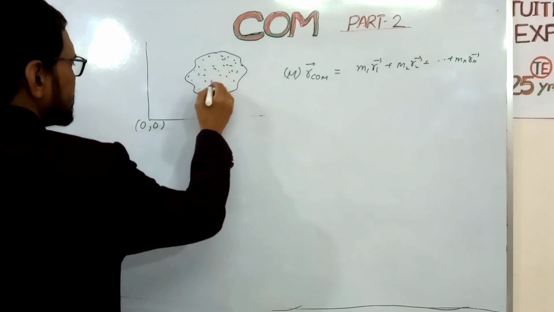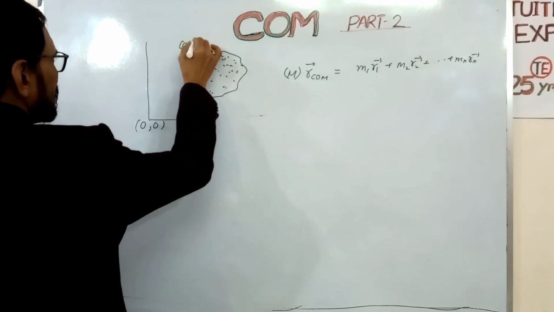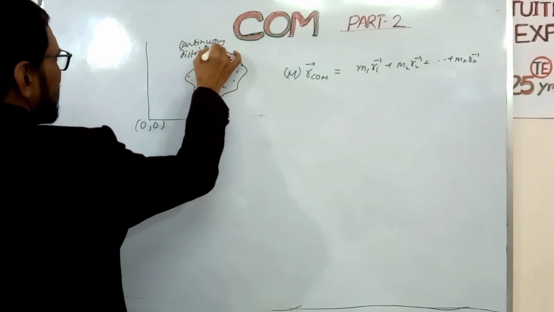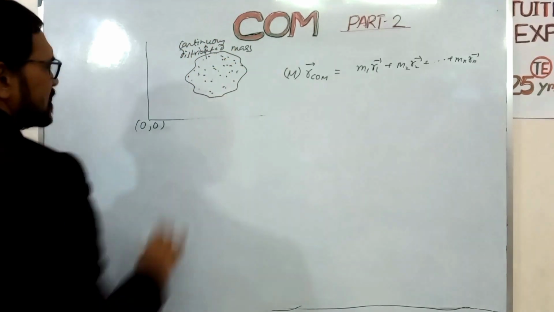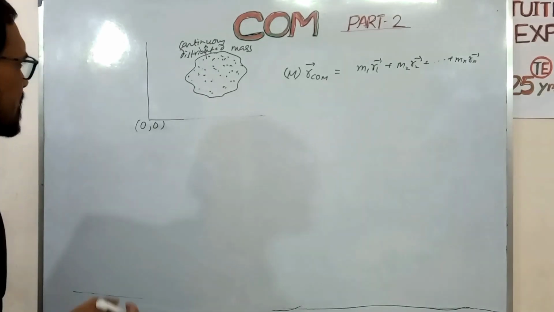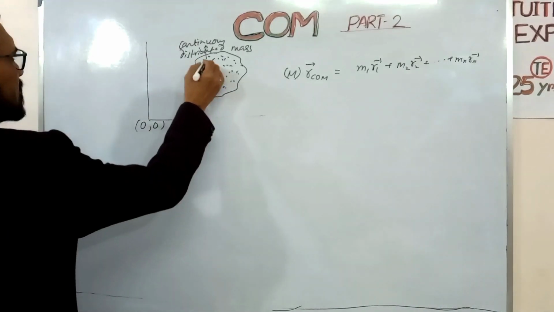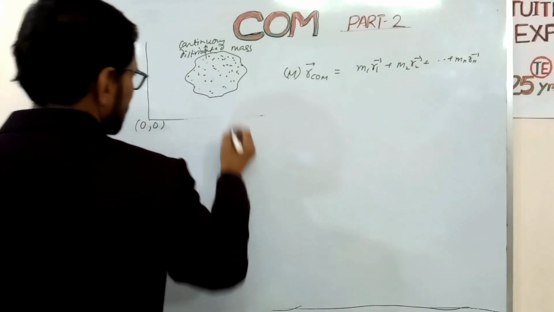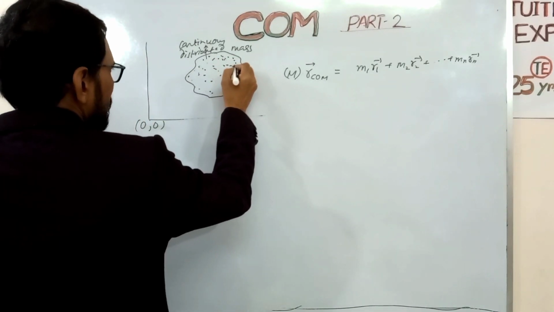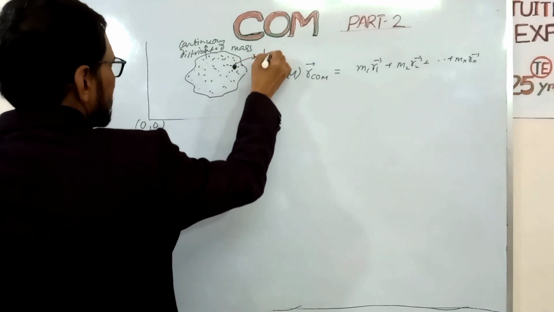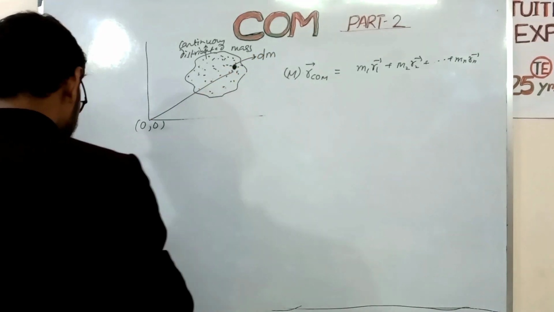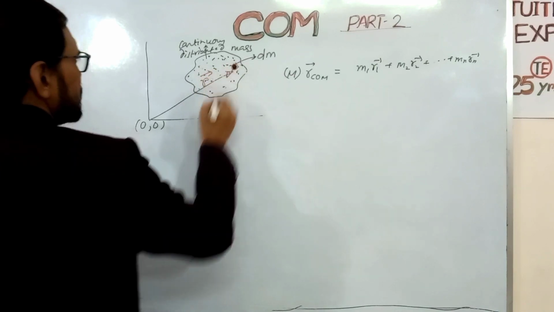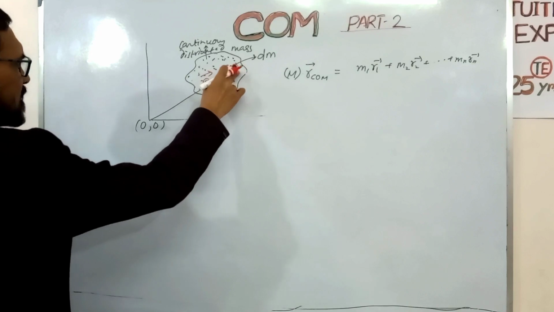This is a continuous distributed mass. What is the center of mass of this body? For this continuous distributed mass, we take a small element dm, and suppose the position vector of this element is r.